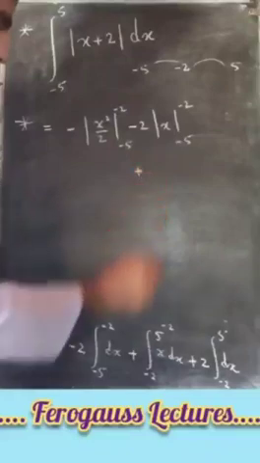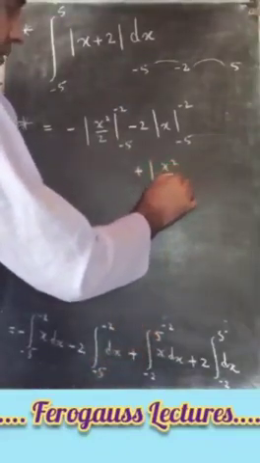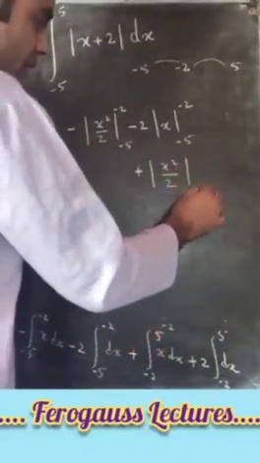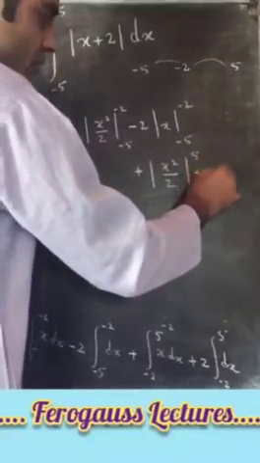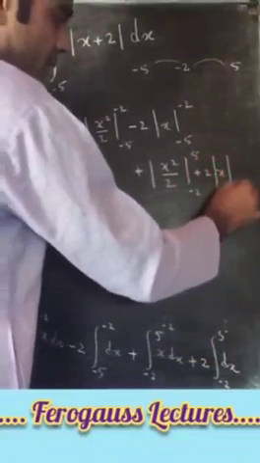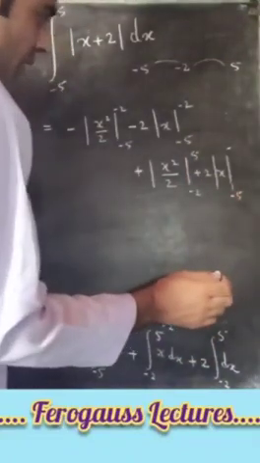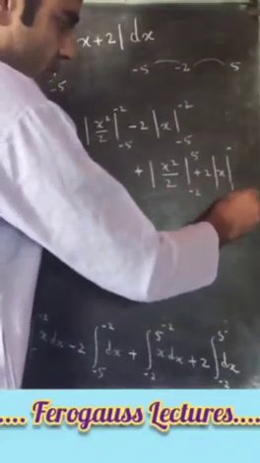Then plus, again integration of x is x square divided by 2 with limits from minus 2 to 5, then plus 2 is constant. Integration of dx is x with limits from minus 2 to 5.